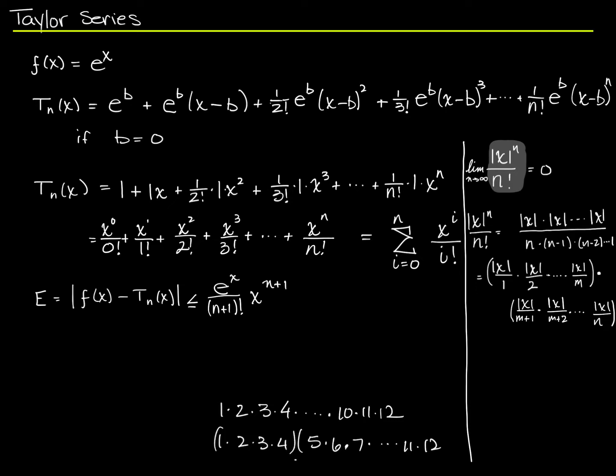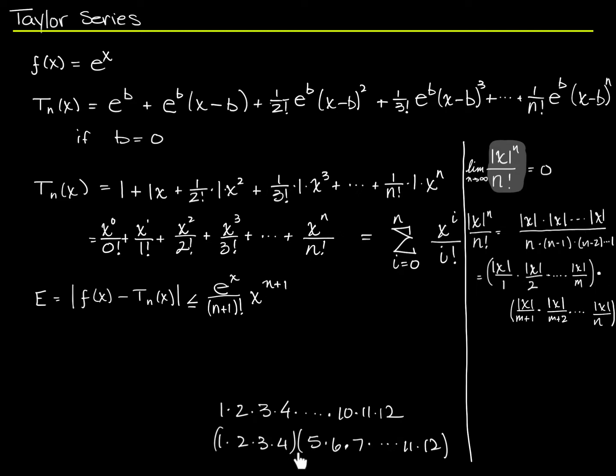I stopped somewhere short of the last number. Forgot to put parentheses around that. Right? I didn't get all the way up to 12. I stopped somewhere short of that, but then I just carried on. This product here is the same as this product here. In the same way, this second product here is the same as this product here. I just kind of split it up into two lists.